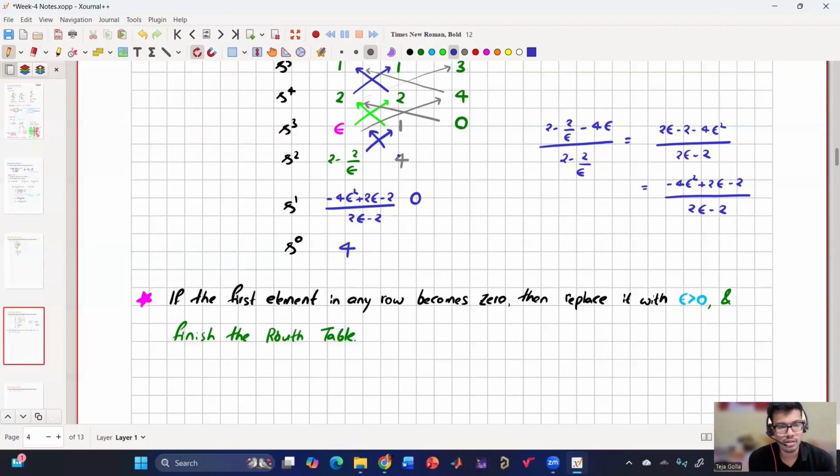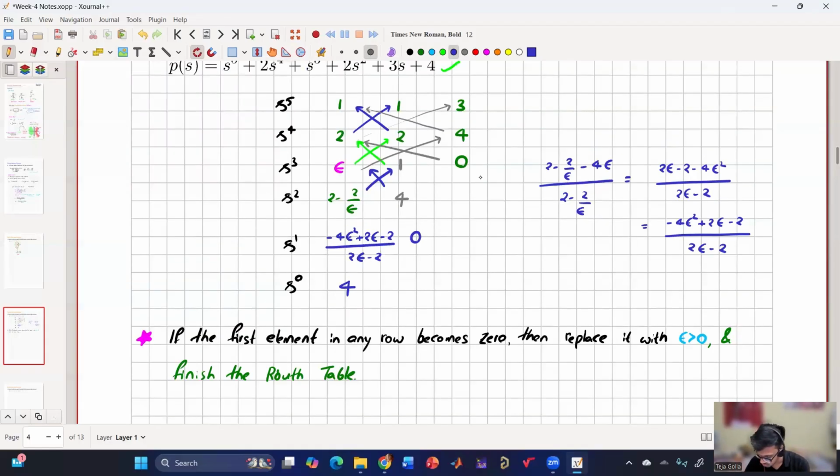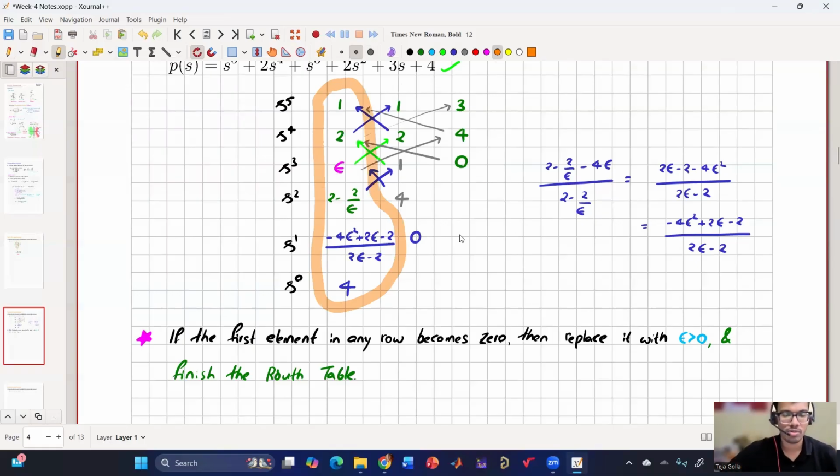Agree? Yes, sir. So now how to determine? We'll have to consider the first column, my bad. This is the column we are interested in. Considering this column, what can we say? Epsilon is a small number, so I can consider epsilon to be 0.01 and then calculate and see if there is any sign change. Is there any sign change? Yes, sir.